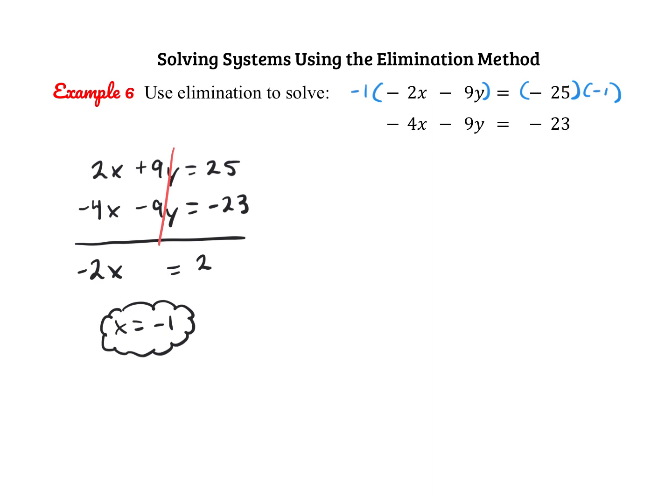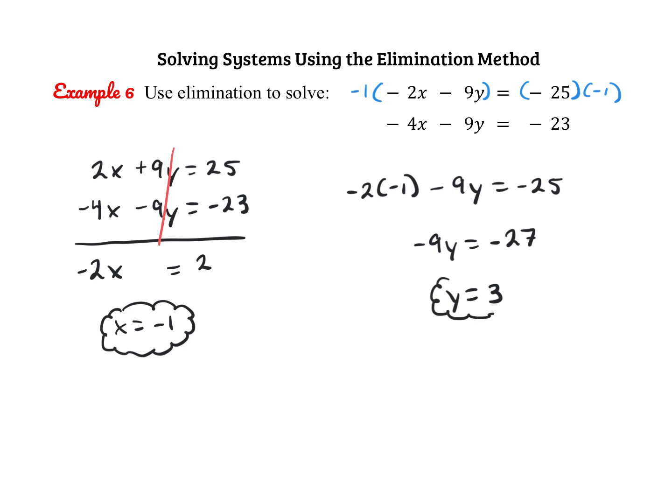So I'll just substitute into that top equation. So negative 2 times negative 1 minus 9y equals negative 25. So negative 9y equals negative 27, which means that y equals positive 3. So again, we didn't have to eliminate the y's. It just seemed like for this particular problem, it was the easiest way to go.